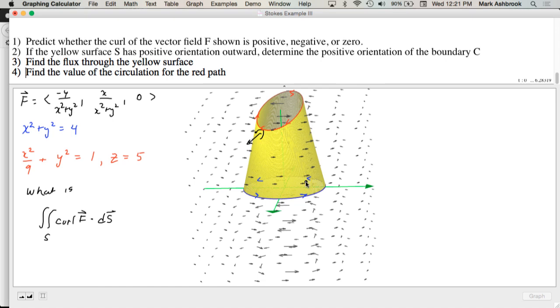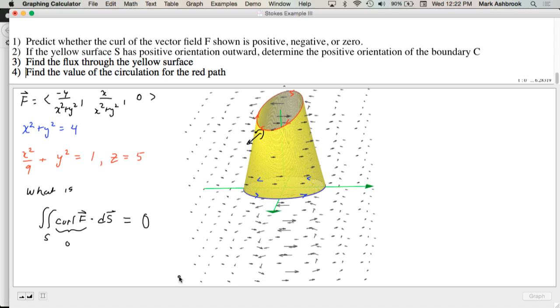No? What'd you say? We had the curl solve for 0. The curl is 0. So the flux of the curl through the surface is 0. Phew, right?